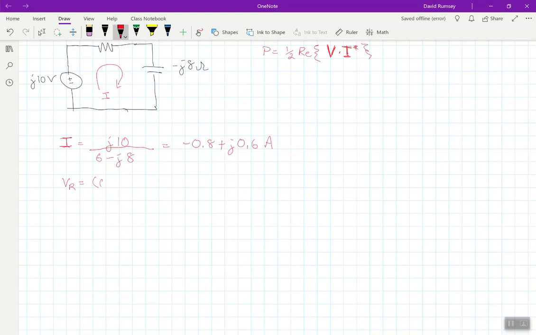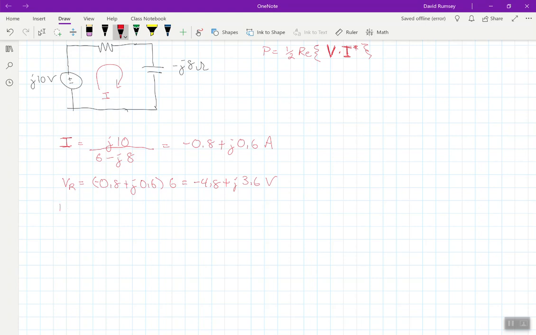So that would be negative 0.8 plus j0.6 times 6 ohms, which gets me negative 4.8 plus j3.6 volts.